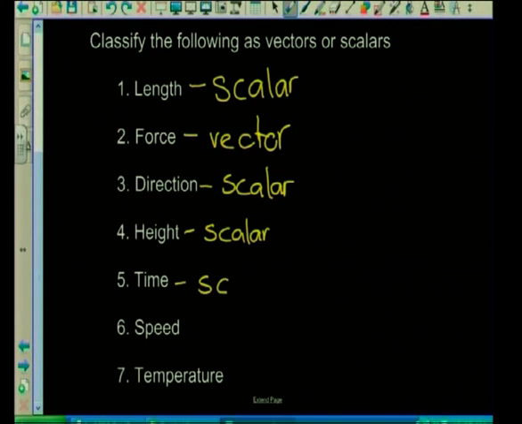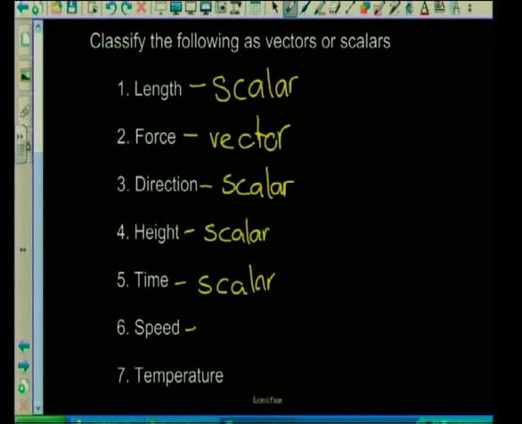That's also a scalar. Actually, knowing that time's a scalar is very, very important, because it means for us that we cannot get a negative time. Time cannot go backwards, as much as we would like that to happen sometimes, okay? Speed is a scalar. You've already dealt with speed because you did wave, sound, and light. You looked at the speed of a wave.